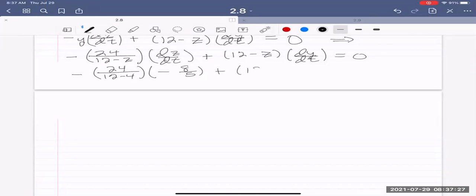Z is 4. Don't know dy dt, but I can figure out what dy dt is by solving.